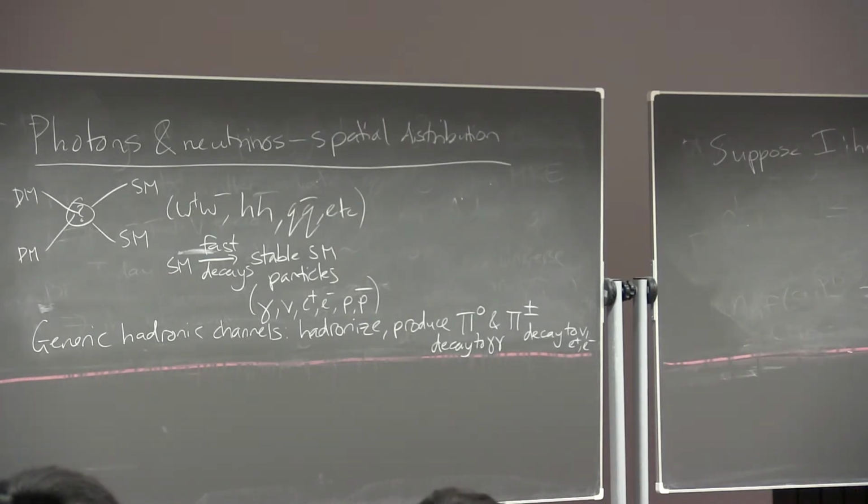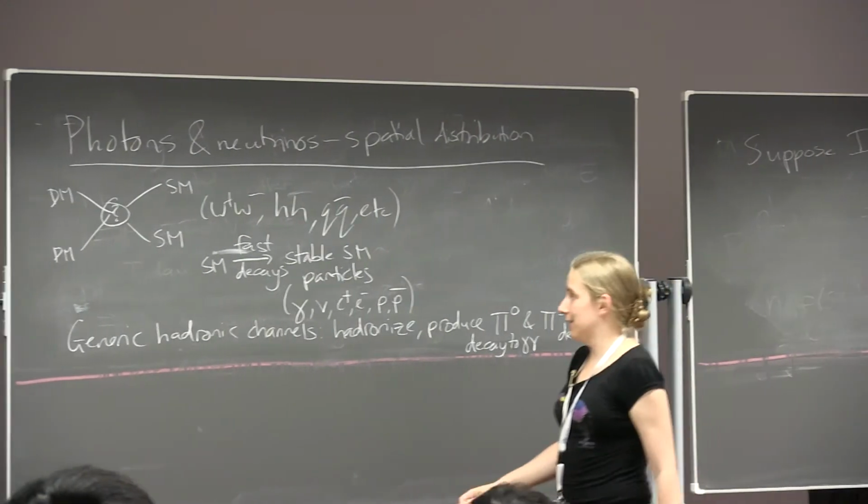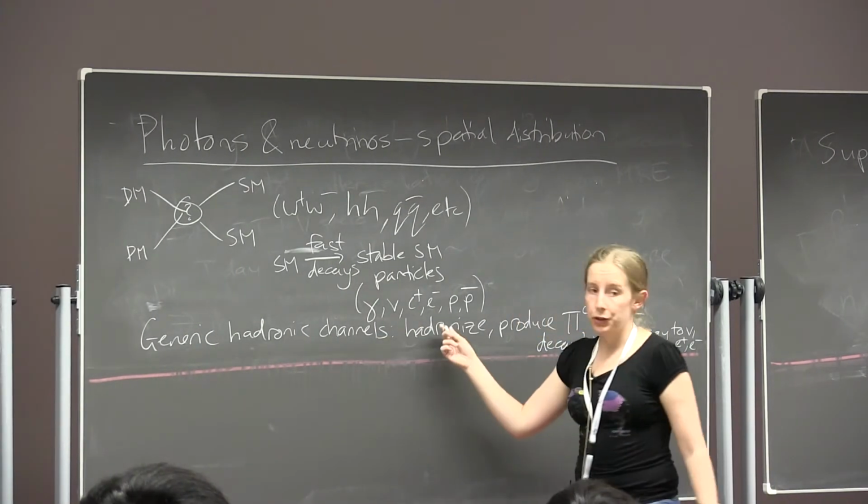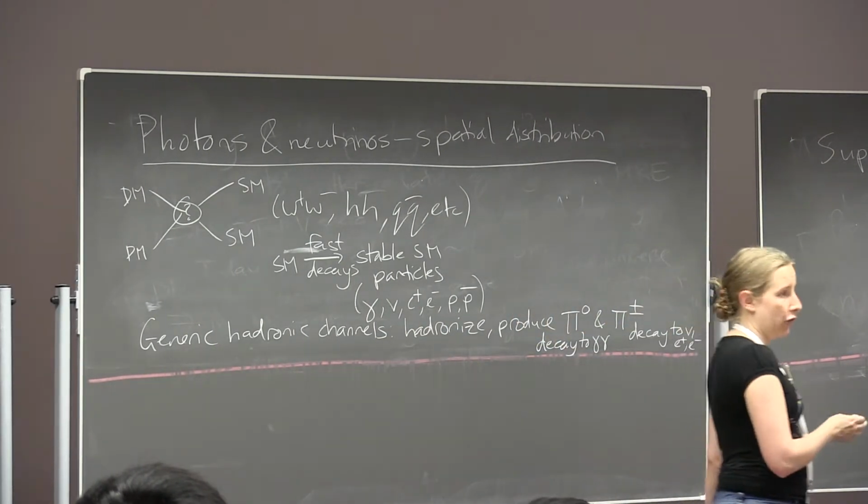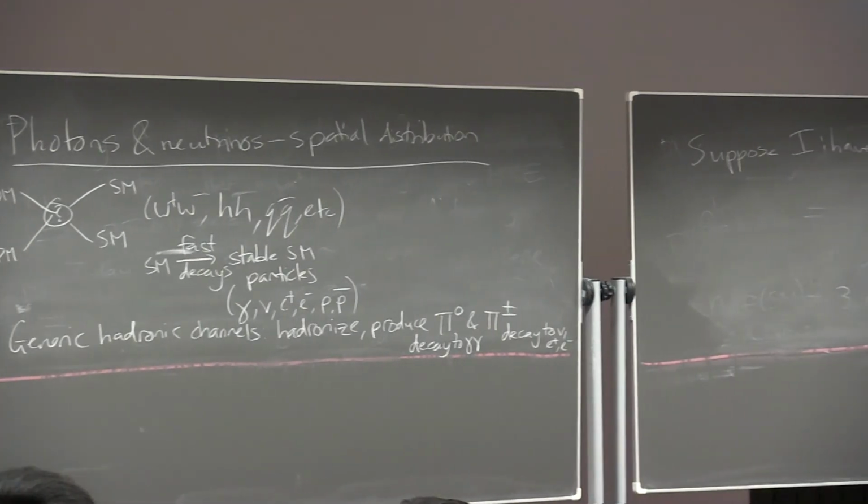So I don't need to take into account the lifetime of these decays in figuring out, say, where these photons were produced. They just trace the distribution of the dark matter production.